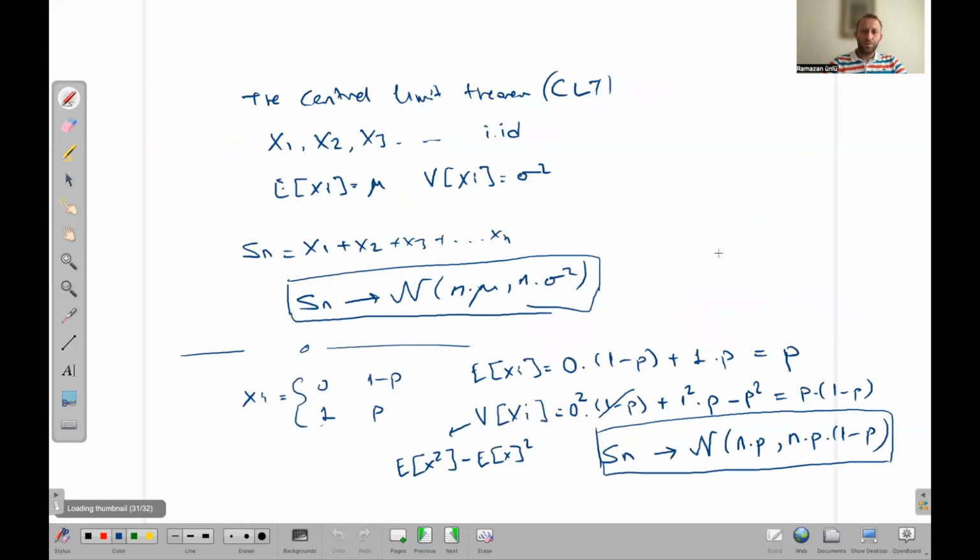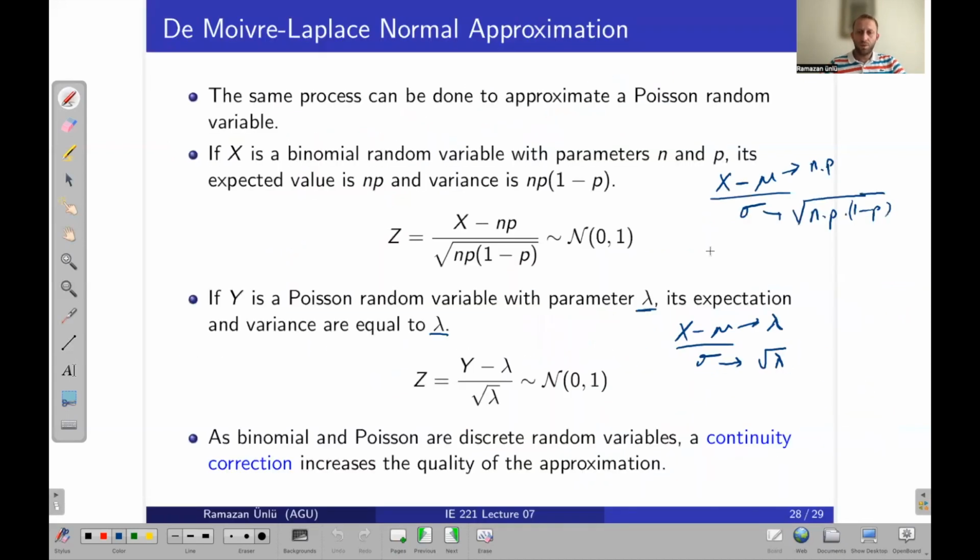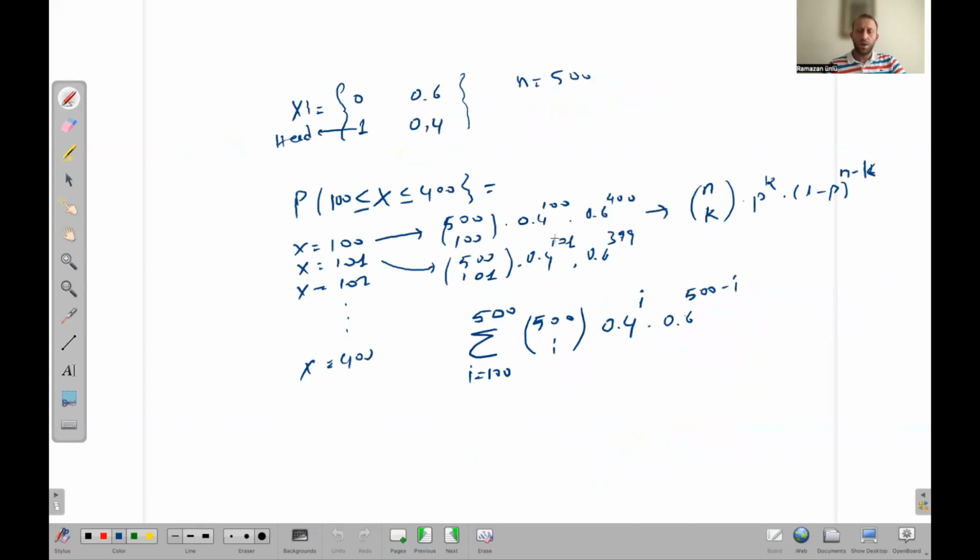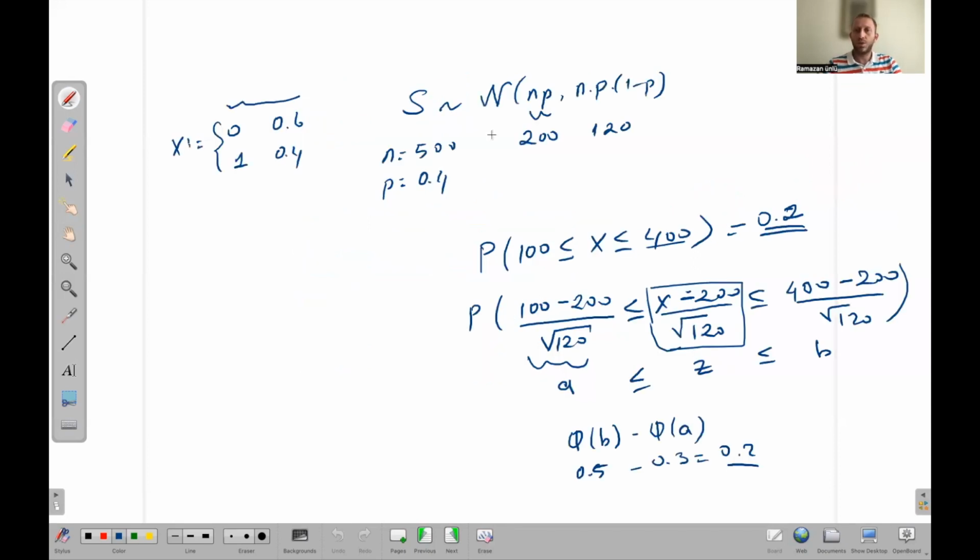So instead of doing all this calculation, what we did first, thanks to the central limit theorem, we approximated this binomial distribution to the normal distribution, and then we standardized this normal distribution to be able to use this standard normal table, and then we just look at the values from the table and make a simple calculation.